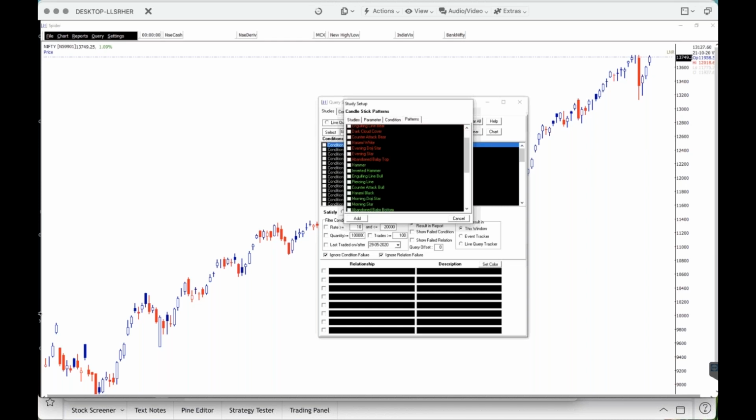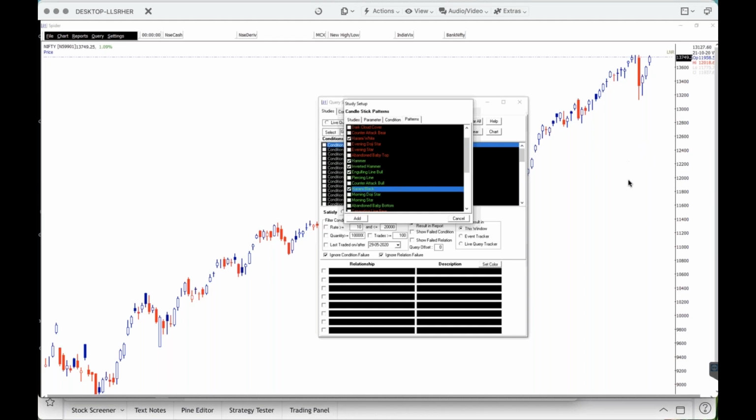So when you come to patterns, there are many patterns that they have fed within the system. So there is hanging man, shooting star, hammer, inverted hammer, engulfing bullish, engulfing bearish. Then there is Harami white, black.